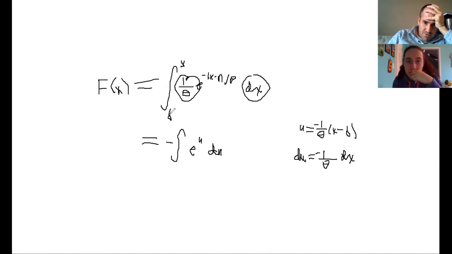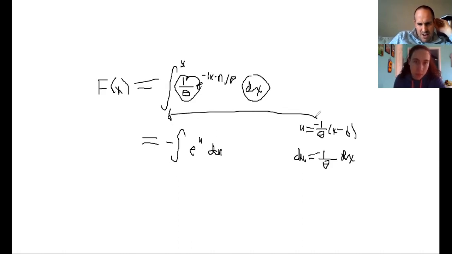This was silly. I shouldn't have used x in here; I should have used t. But if I take the variable to be equal to delta, what do I get for u? You get 0.